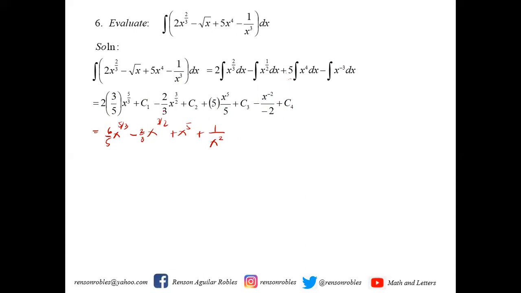And then what will happen to the constant? This is c1 plus c2 plus c3 plus c4, then I can write it as c. So we have this: 6 over 5 x raised to 5/3 minus 2/3 x raised to 3/2 plus x to the 5th power plus 1 over x squared plus 1 over 2x squared, and then plus c.